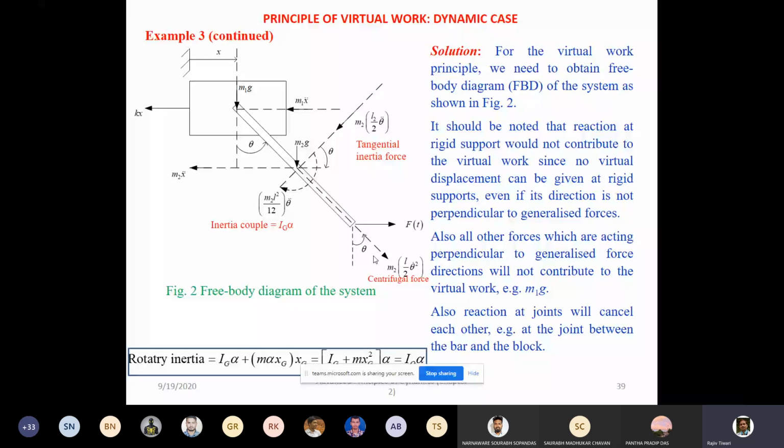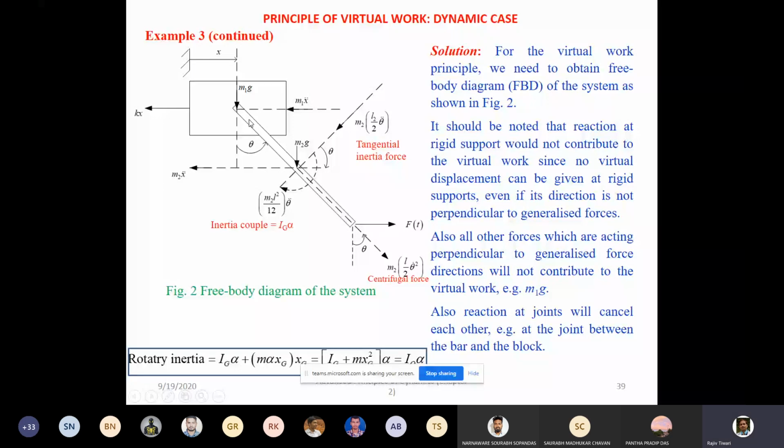Because the mass and the pendulum have not been removed from each other, they are still connected, so the reaction forces between them cancel each other. That particular force we have not considered here, because they are still in the connected form.